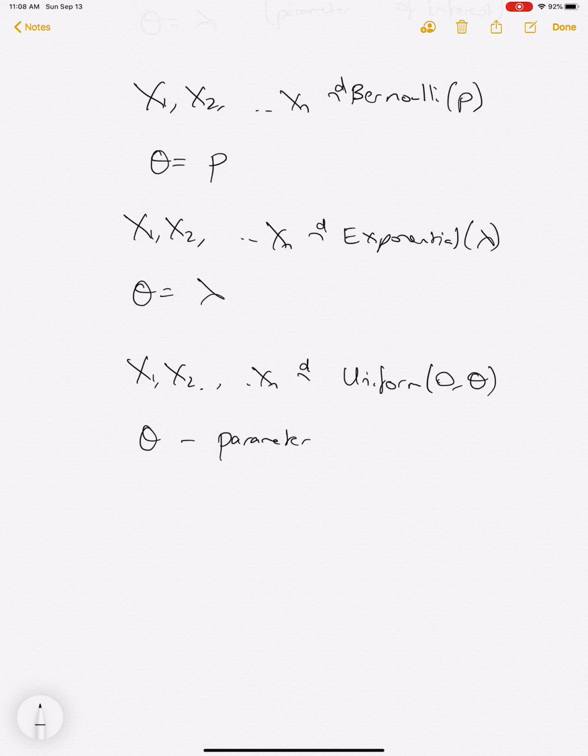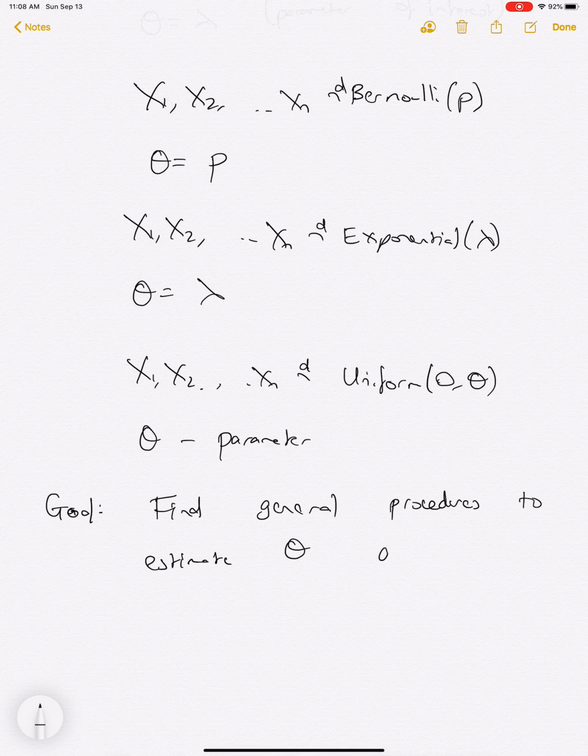Okay, and so our goal is to find general procedures to estimate theta and form confidence intervals for theta.